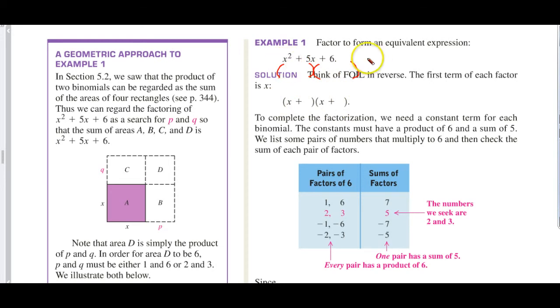And then we're going to say for the FOIL, what were the possibilities in our first place here to give us this term? And it's an x and an x. Now we're looking for factors then of this last term, which is 6, that would add up to a positive 5. So they're starting us off with an easy one. That's nice. And it's a 3 and a 2.